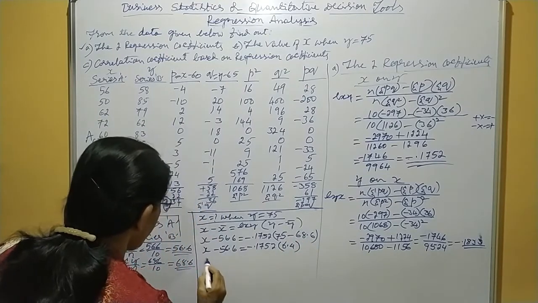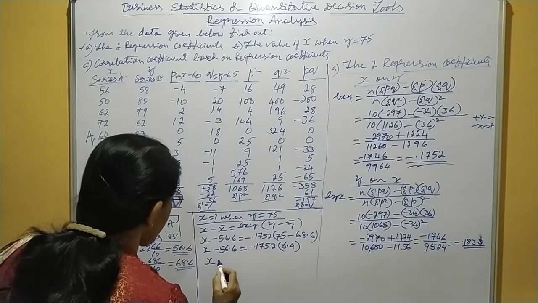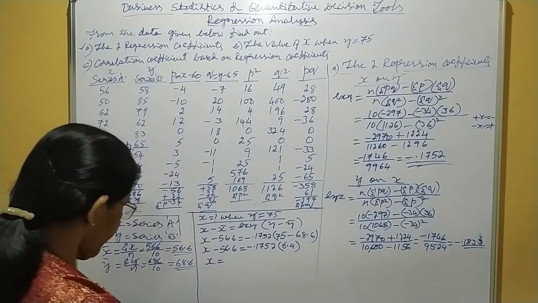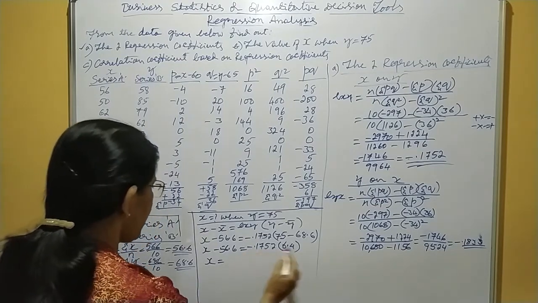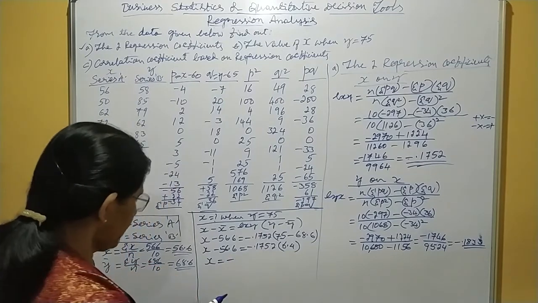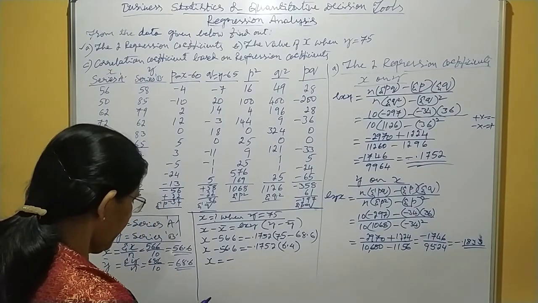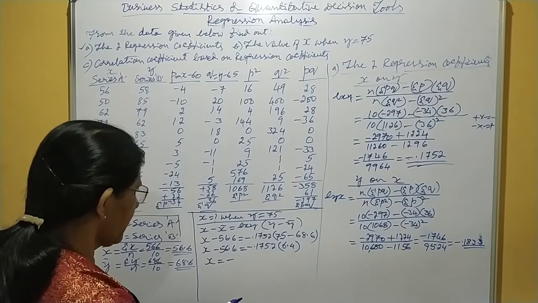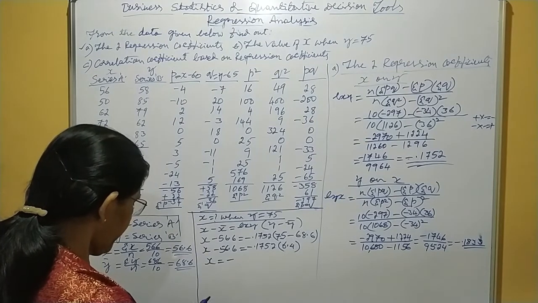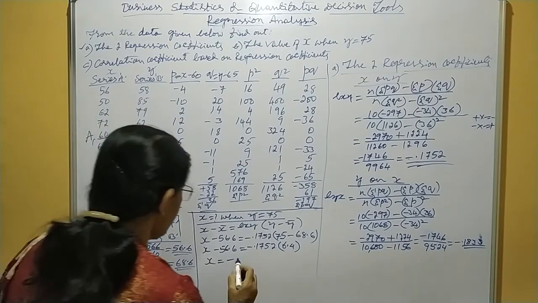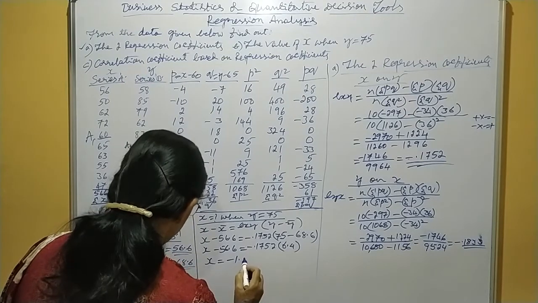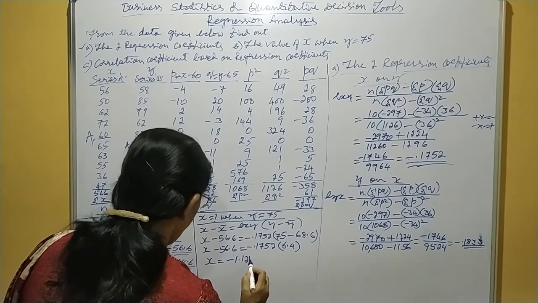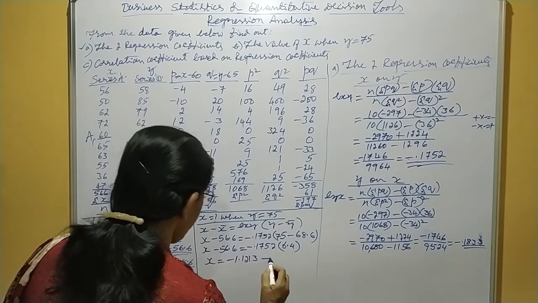Okay. Now x equals, here minus into plus is minus 0.1752 into 6.4. It comes to minus 1.1213. This minus will become plus.